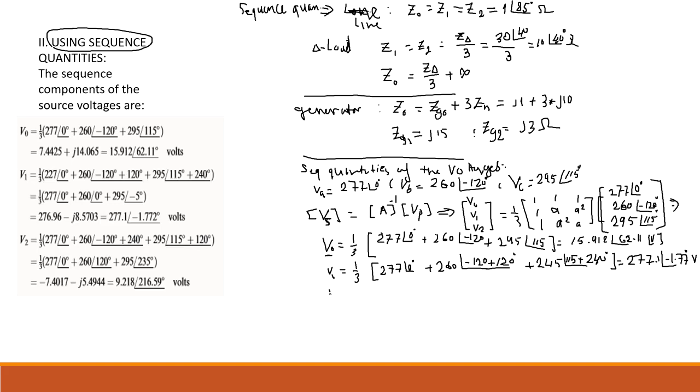And the same for the negative sequence voltage, but the voltage of phase B is multiplied by A square and the voltage of phase C is multiplied by A.